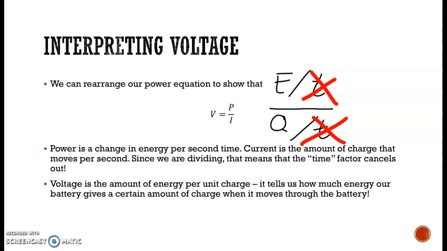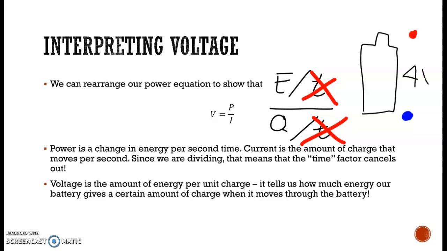It means that if I have a battery like this, and I take some charge right here, and I move it up to here, then I am giving that charge an amount of energy that is related to the voltage of my battery.